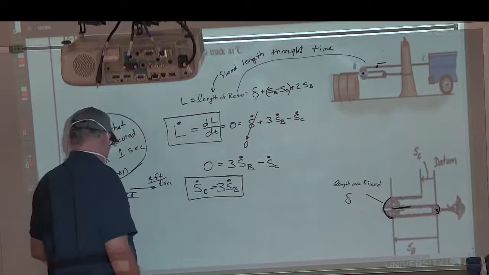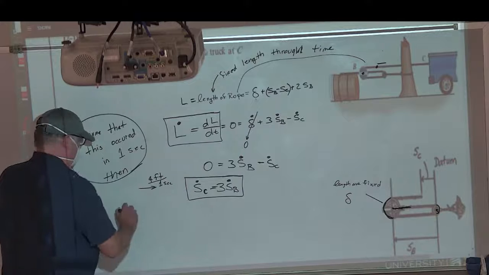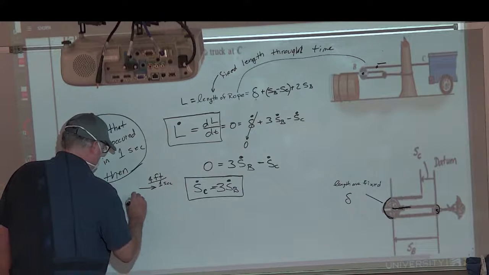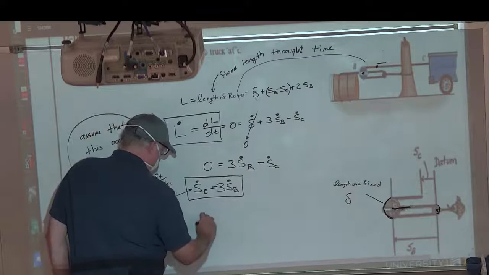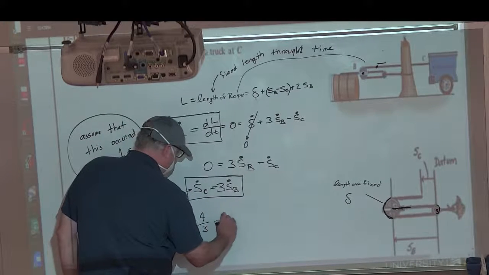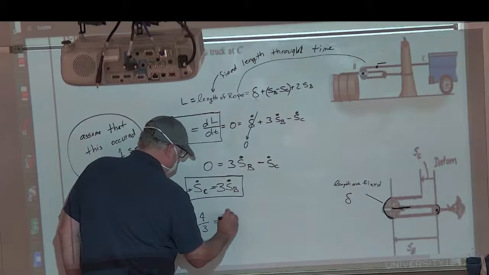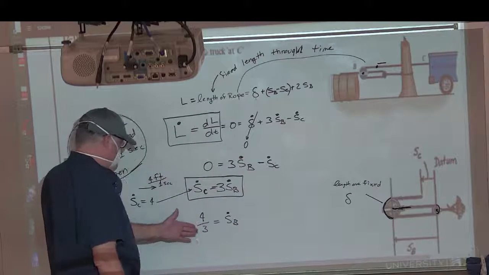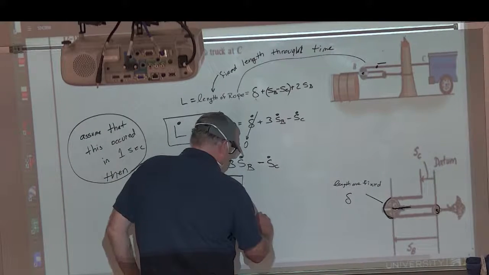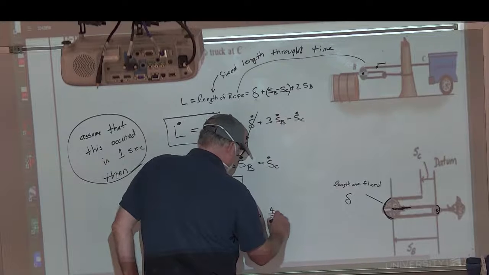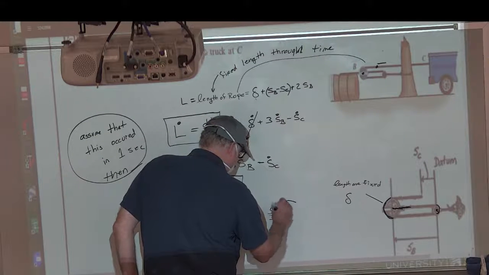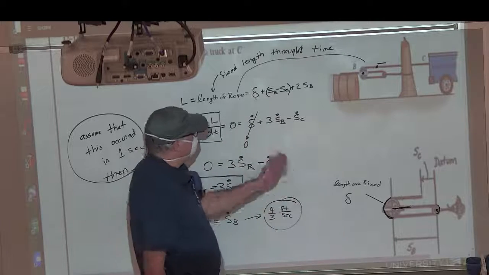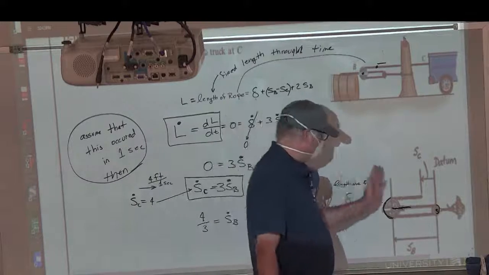So, if that's the case, SC dot equals 4, and 4 divided by 3 is SB dot. If this occurred in 1 second, then it moved 4/3 feet in that same second, meaning that that thing moved 4/3 to the right.